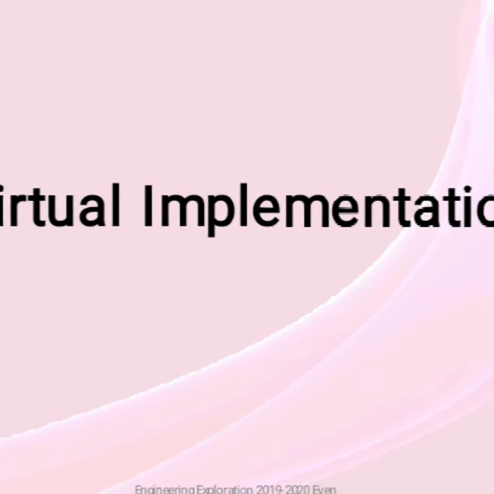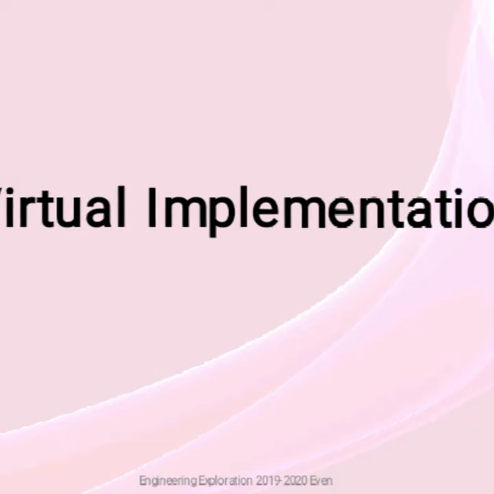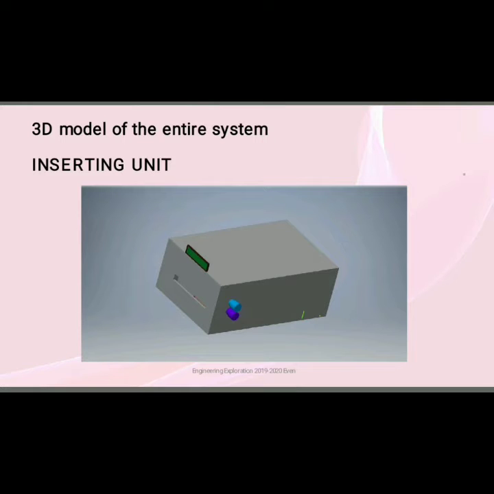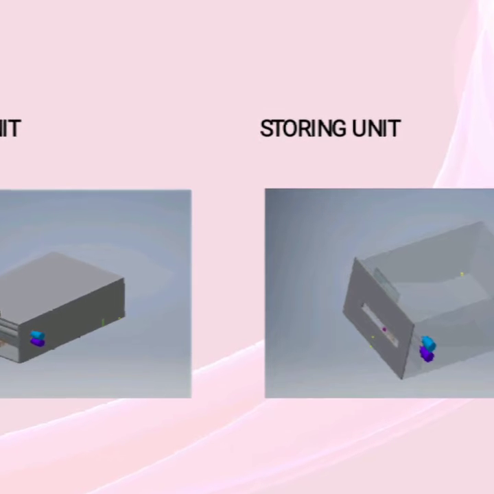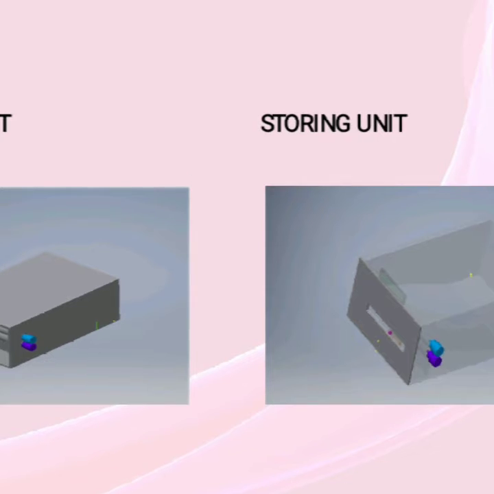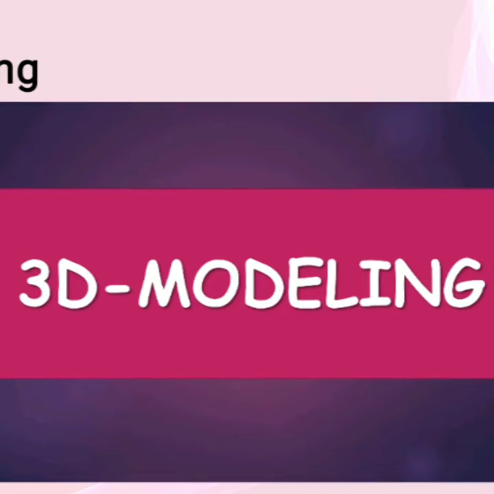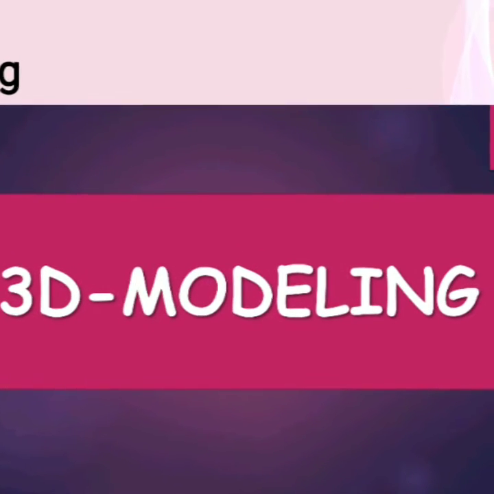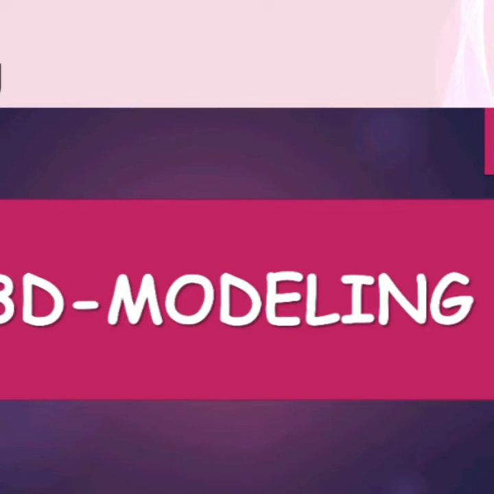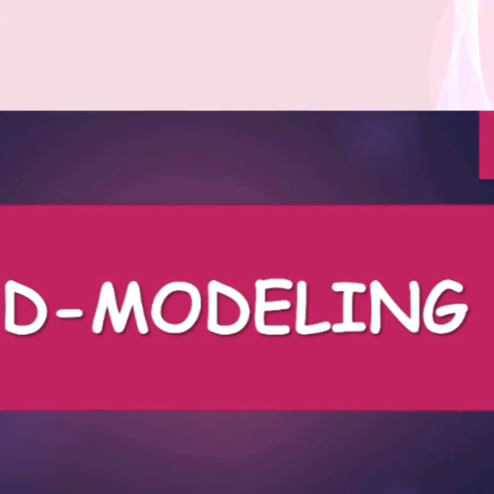So the next phase is virtual implementation. The 3D model consists of all the three subsystems as we identified before for the designing purpose. To design a 3D model of our project, we started with the base units and then assembled them together.